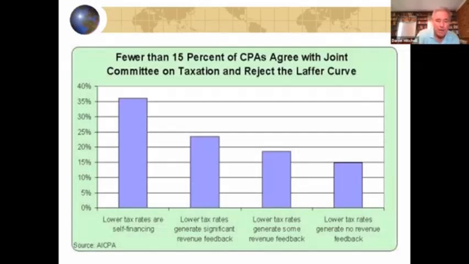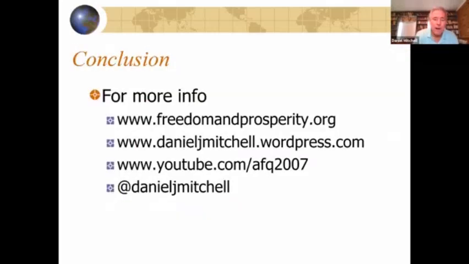And then you had about 23% of them say that, okay, you might lose some revenue, but it would be very little because there'd be a lot of revenue feedback. And then about 18% of them said there'd be some revenue feedback, and only 15% of them, actually a little bit less than 15%, said that there would be no Laffer curve effect. So these people who in the real world deal with actual tax returns and tax planning, they understand the Laffer curve is very, very real.